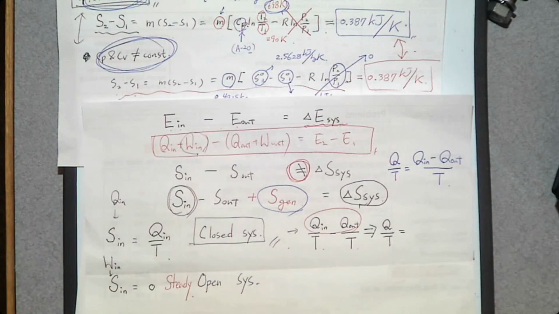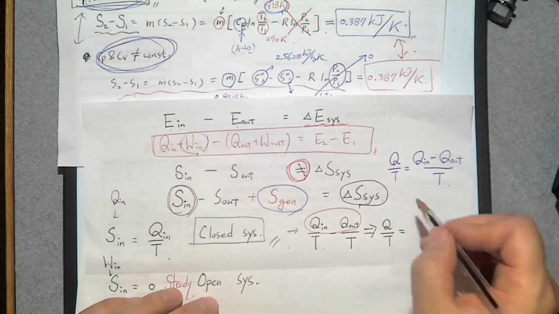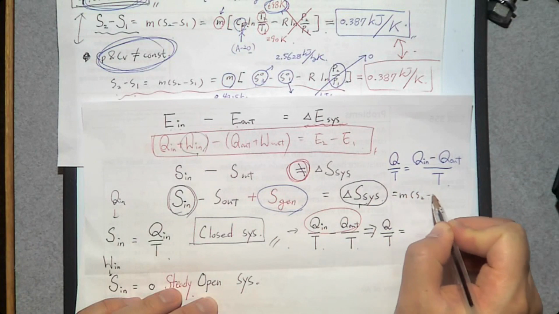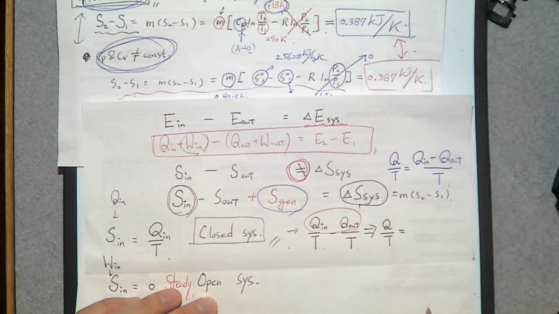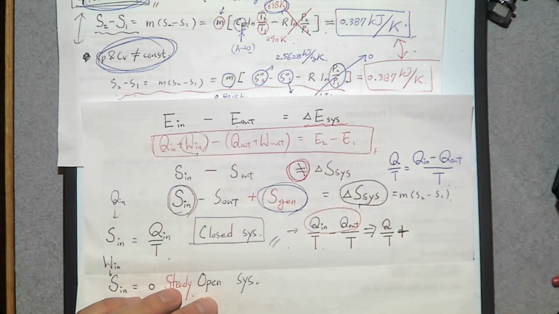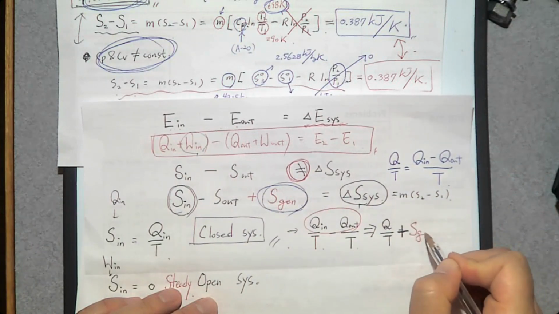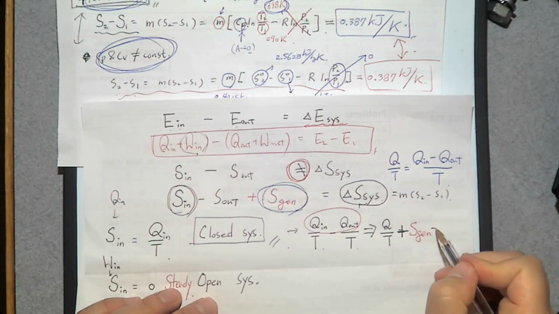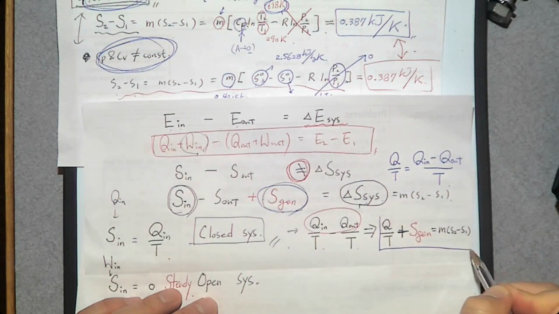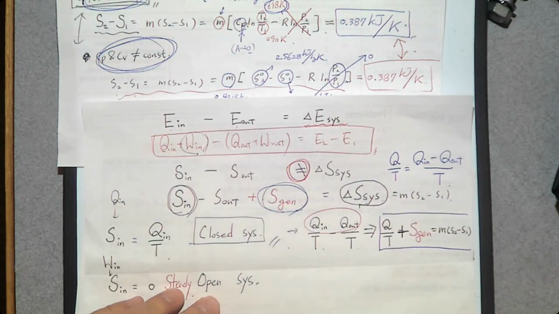Then how can we determine the change of entropy of the system? Mass times S2 minus S1. So here we have an entropy generation, so this one plus entropy generation S gen is going to be m times S2 minus S1. So this is the entropy balance equation for a closed system.